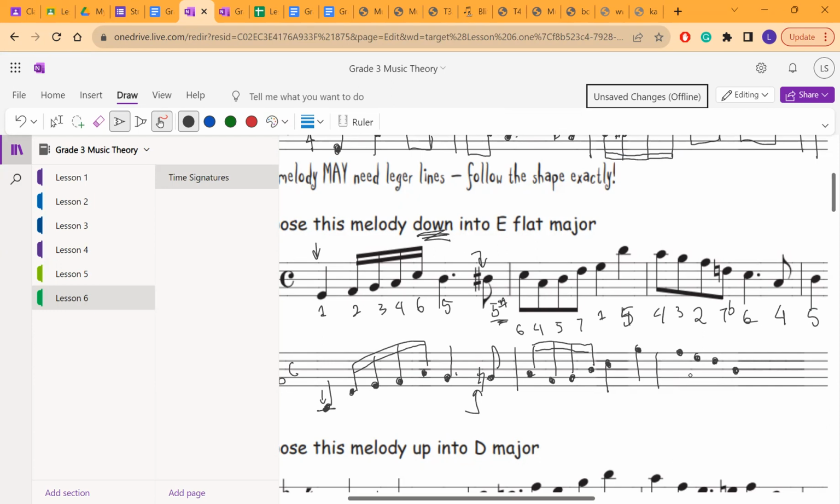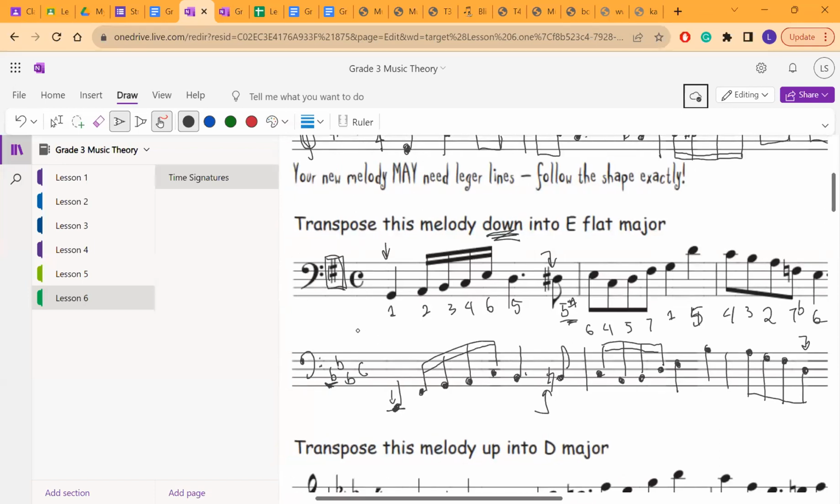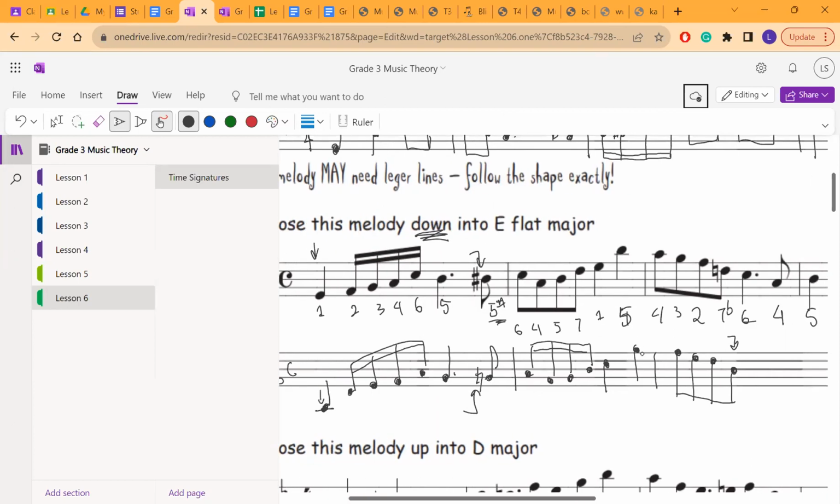Oh, no, there's a flat 7 there. So what accidental will we need for the D? What accidental will we need for this note? It's a flat because there's no key signature here to apply to that note. So that is a flat.